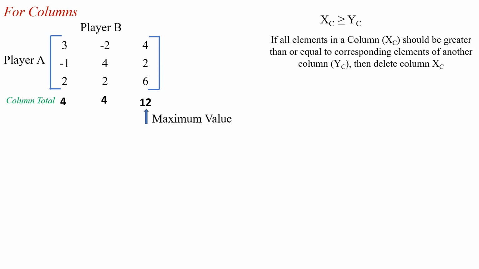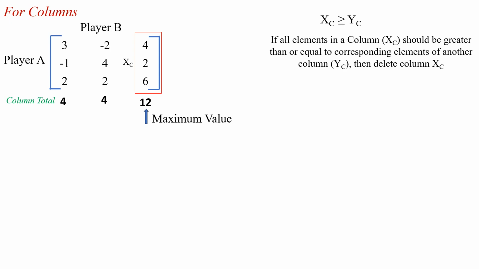Then we have to compare all the elements of the third column with the other column elements, such as the first and second column. Here the third column elements are 4, 2 and 6. These elements are compared with the first column elements, that is 3, -1 and 2.